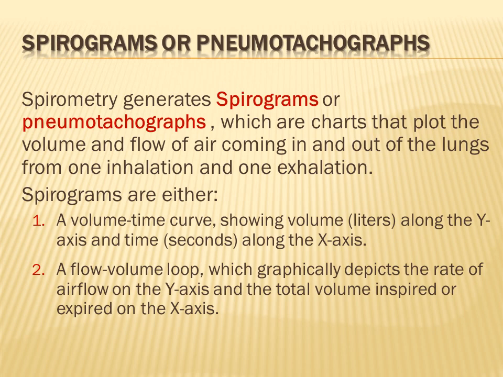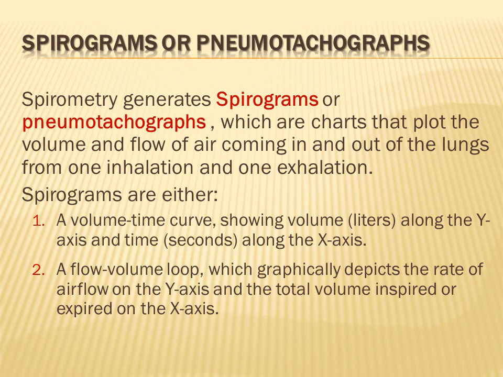The graphs show the volume and the flow of air coming in and out of the lung from one inhalation and one exhalation. Spirograms are either, one, a volume versus time curve showing volumes in liters along the y-axis and time in seconds along the x-axis.